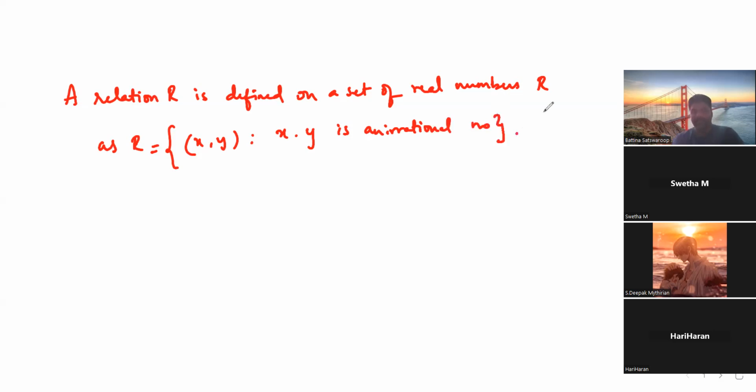We need to check whether it is reflexive, symmetric, or transitive. So first of all, checking for reflexive, sir.